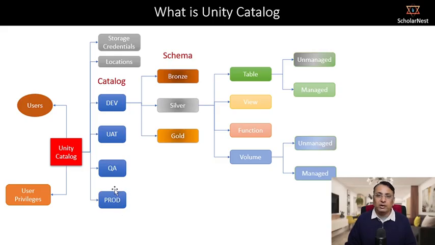If you have multiple environments, it can be done for all the environments from one centralized Unity Catalog instance or setup. It can go even across projects. So you can create multiple catalogs for each project, and for multiple projects also you can have one single Unity Catalog instance, which is managing the entire object metadata, users, and privileges together from the single centralized Unity Catalog place.